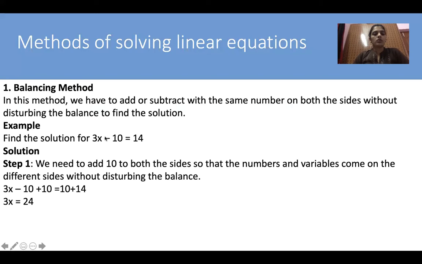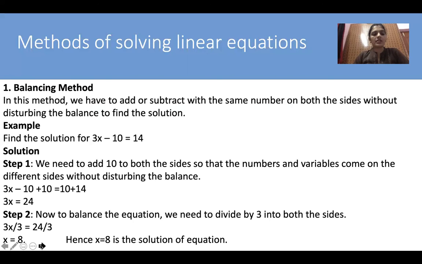To solve this equation, we have to add 10 on both sides. The equation becomes 3x minus 10 plus 10. The minus 10 is cancelled by plus 10, and on the right hand side we get 10 plus 14. This becomes 3x is equal to 24. Further, to balance this equation, we have to divide it by 3.